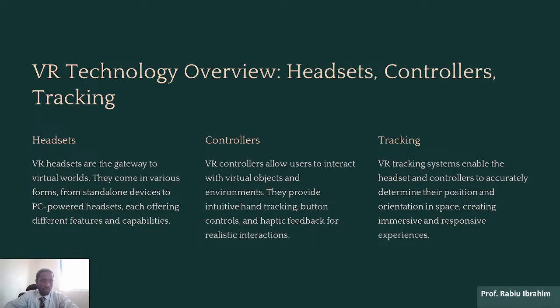Some are standalone, some are PC powered, and so it depends. For example, full immersive will come as standalone most of the time, like Oculus, but it may come in different forms, and semi-immersive may come as PC powered or a headset powered or any kind of device that allows you to observe and do some activity within the system.